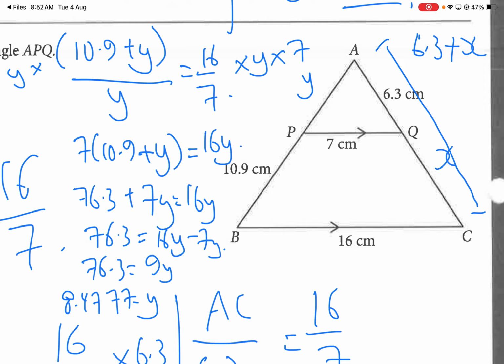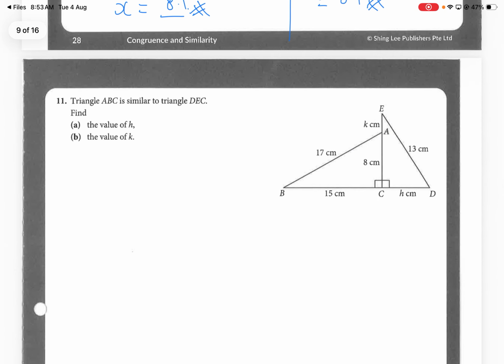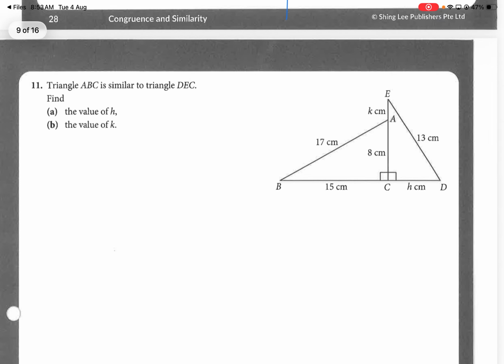So 1, 2, 3, I look at the second 7. Second 7 is bigger than 5, so I need to round up this first 7. So it becomes 8.48. If you can understand this question, it shouldn't be a problem already.